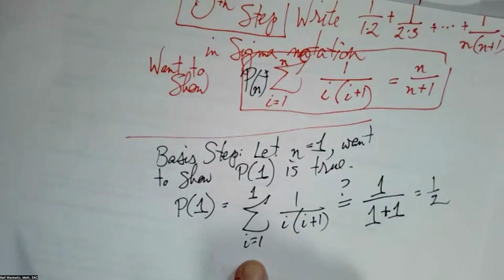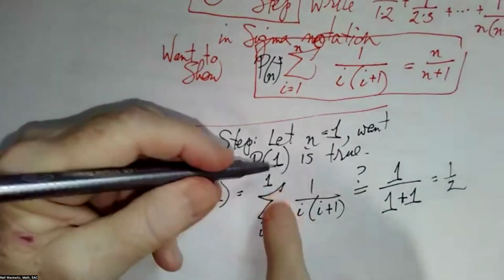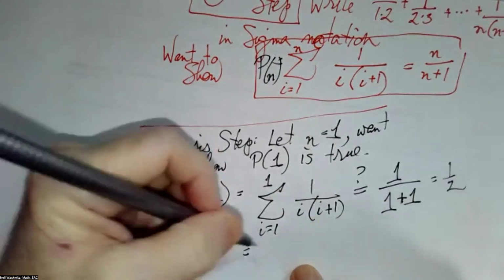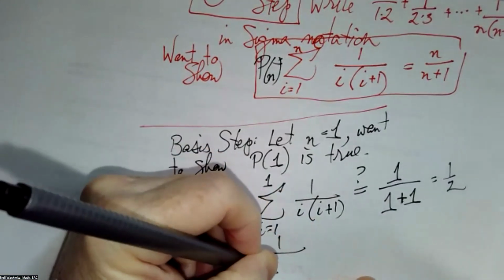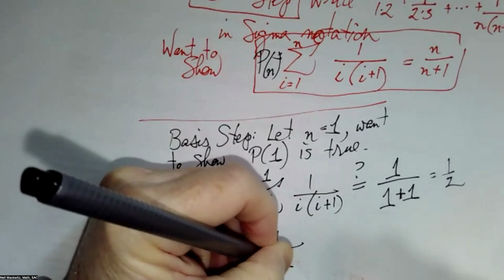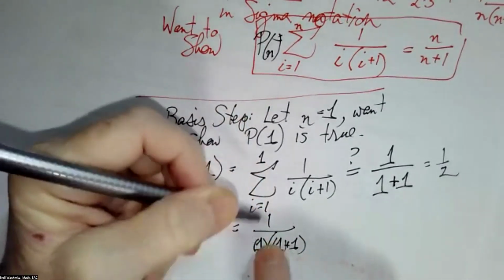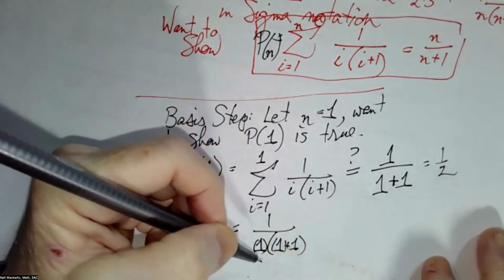So we want to show that if we have one term, 1 times 1 plus 1, we're filling in 1 for i.